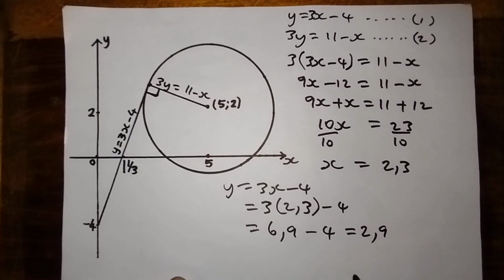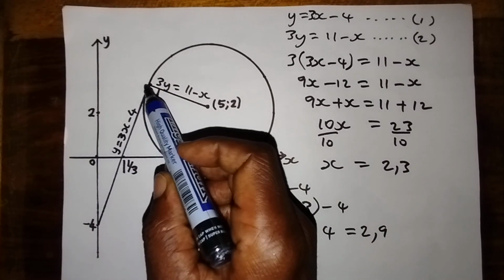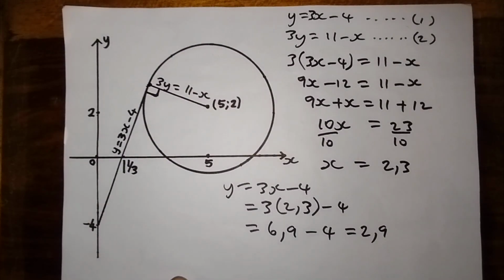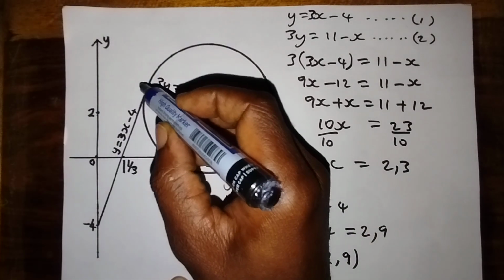So the y coordinate for the point where the radius meets the tangent is 2.9. Finally our point of intersection has x coordinate 2.3 and y coordinate 2.9. These are the coordinates of this point here.